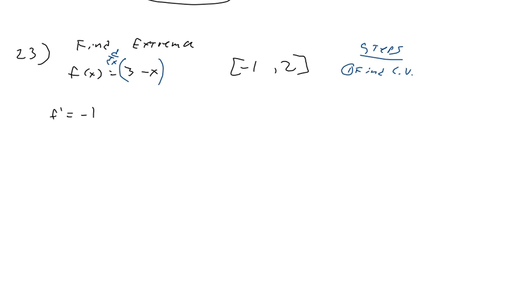So I want to set that equal to 0. Huh? Have I done something wrong? Did I do something wrong here? That's my derivative, right? There's my derivative. Okay, you're right. Negative x just says -1.